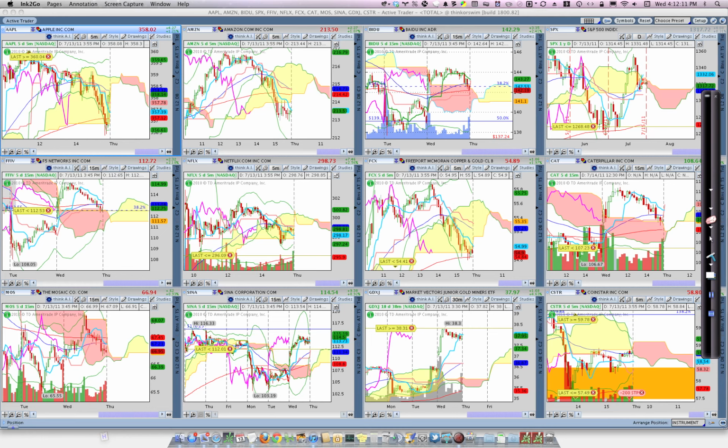It's going to have to get through the cloud, and a lot of work is going to have to be done on the Chiku end to get past 1, 2, 3 areas of resistance, and then to move up to the top of the cloud and break here. So we're only bullish about the SPX when we have price on top of the cloud and we have the Chiku on top of the cloud.